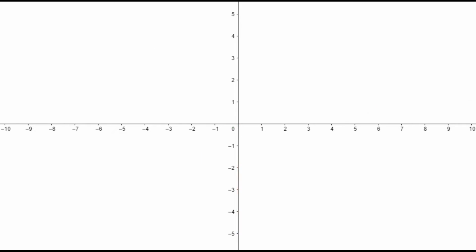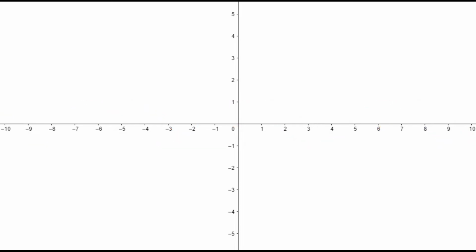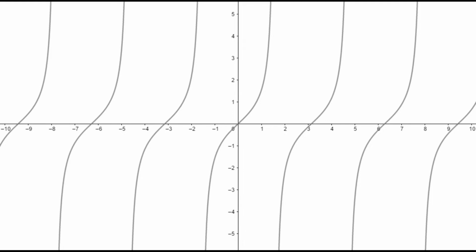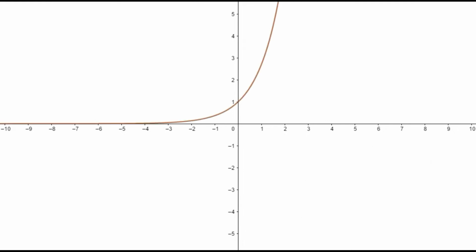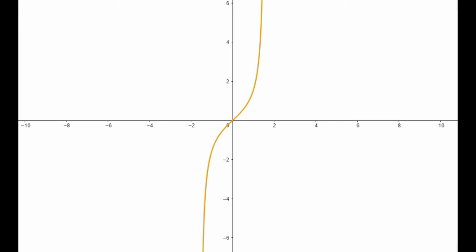So by observing these functions, we can ask a very simple question: out of these functions, which functions are 1-1, which are onto, which are both 1-1 and onto, which functions are neither 1-1 nor onto, or moreover, which functions are even and which functions are odd. So let us discuss those four properties.